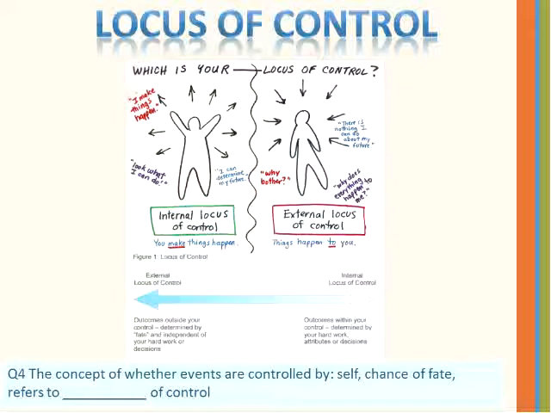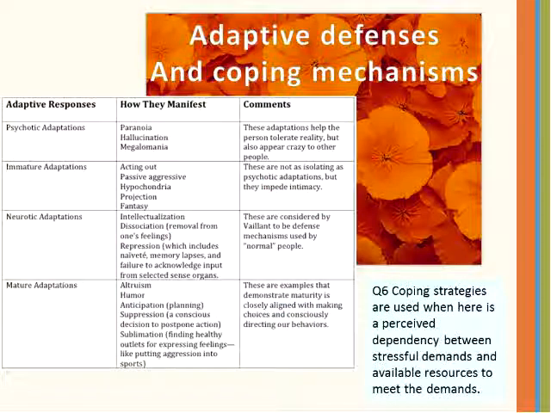All right, so we also have some other defenses that we're going to talk about, and some are positive defenses, and some maybe not so positive. There's a great chart up here that talks about adaptations that we have, and these are coping mechanisms that we have.